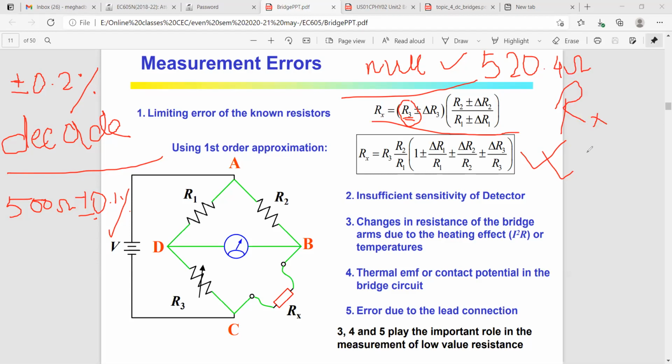R in suffix you need X. So Rx you have to find out.